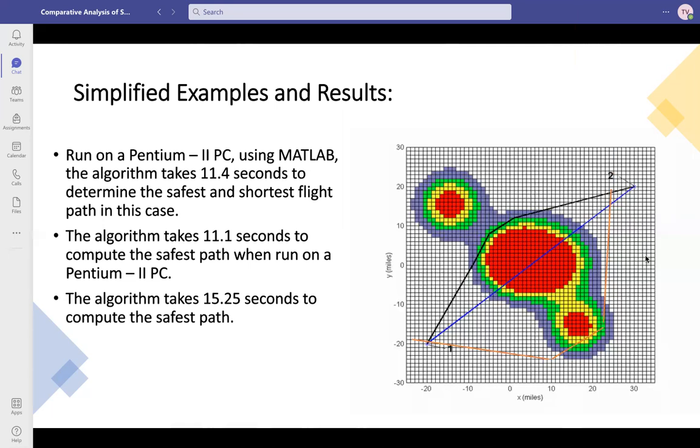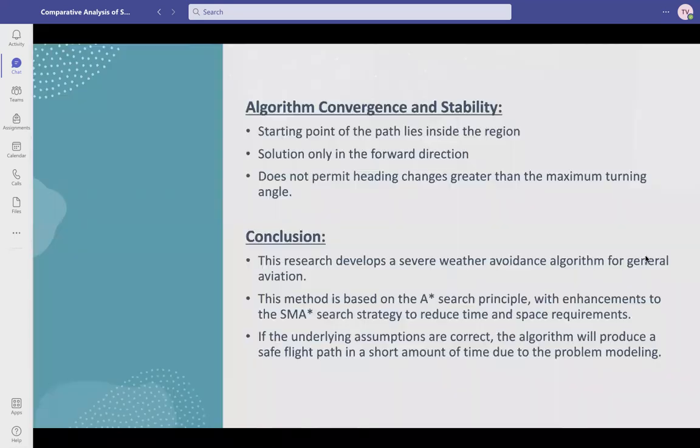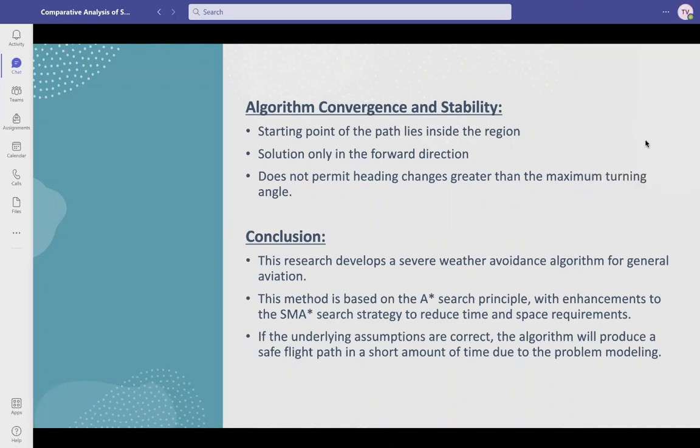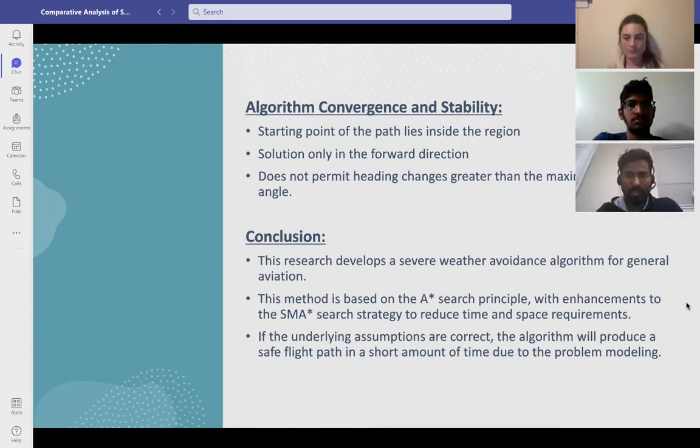If you go to the next slide, we can see how they use these algorithms. But there are some limitations. There are particular standards they follow. If the starting point of the path lies inside the thunderstorm region, they cannot proceed with that path. They have to look for other alternatives.